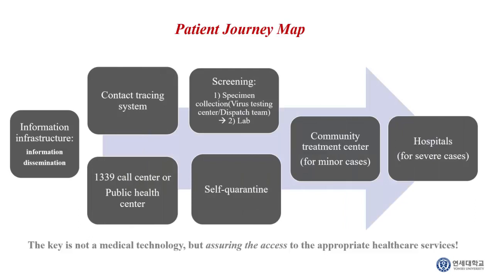If anyone has a symptom, he can contact the 9339 call center or public health center. By using the contact tracing system, government also traced high-risk groups. Those who voluntarily contacted the system or those who were traced were advised to go to the test center.